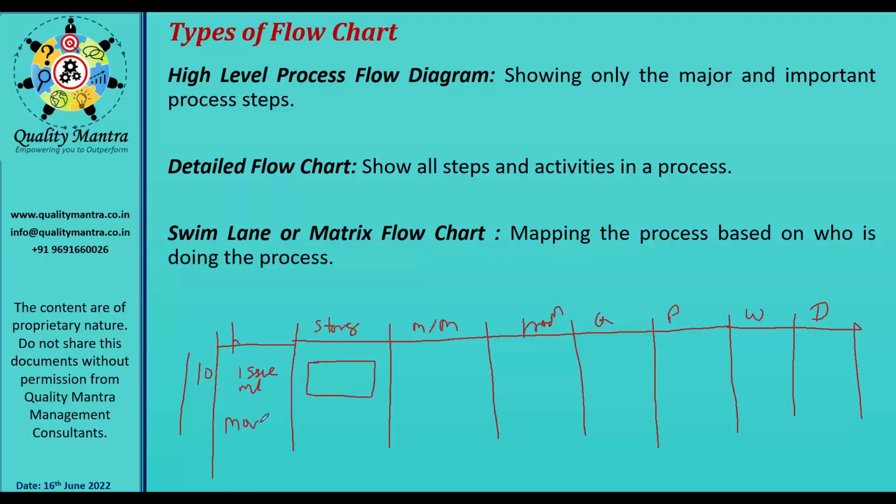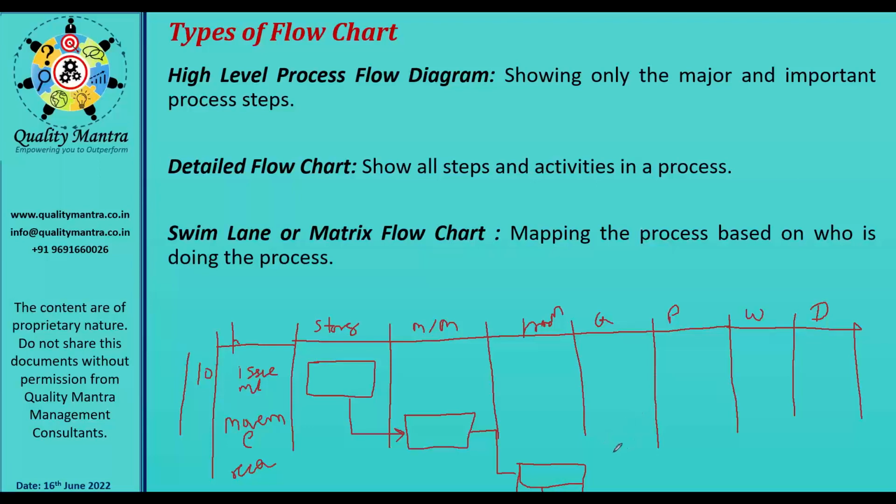You write the movement of the material to the production floor completely, but you are not going to write who does it there. You need to write that in the column, material movement. From here it goes to this. Who will carry out? Stores will issue, material movement will take it, and then receive the material. Who is going to receive the material? Production people will receive the material from material movement. So it will go like that. Then carry out the production activity. So next it will go down. Process the material.